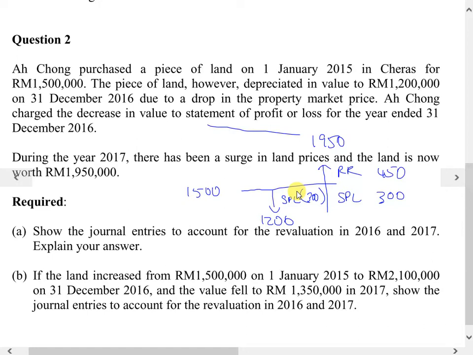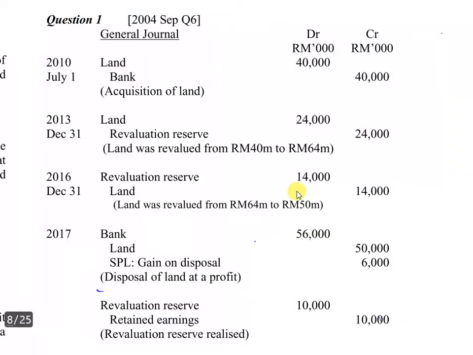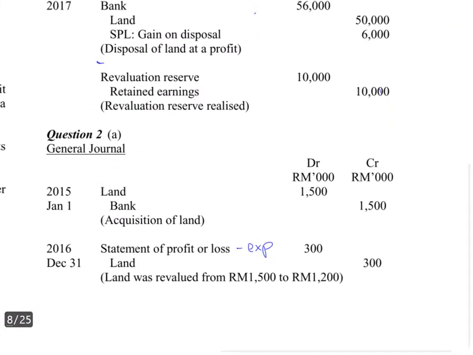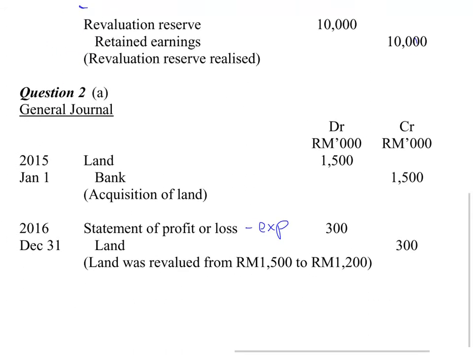Okay, double entry. Journal entry. Buy land 1.5. Revalue downward, go to expenses, reduce the value of the asset.